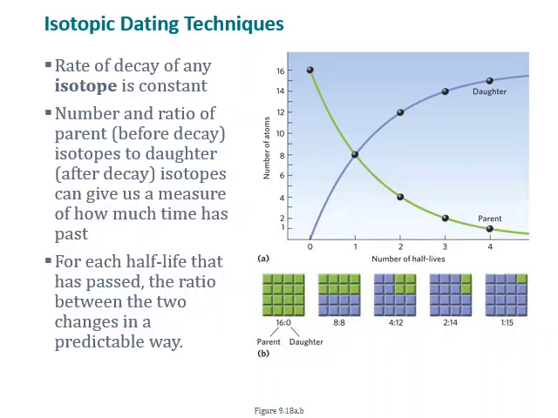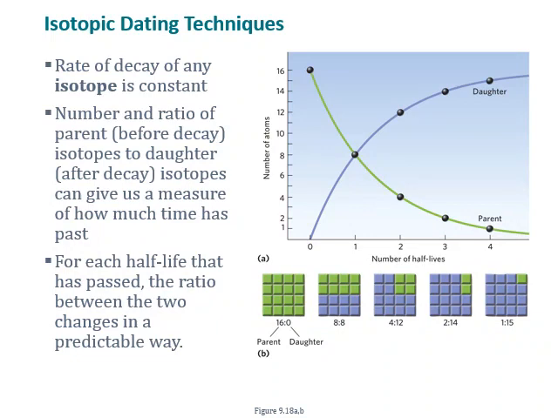Now, if we have another half-life pass by, at 2 half-lives, then we've multiplied the original parent 16 by 1/2 twice. So we've in effect multiplied it by 1/4, or divided it by 4. This is 16 divided by 4 equals 4.